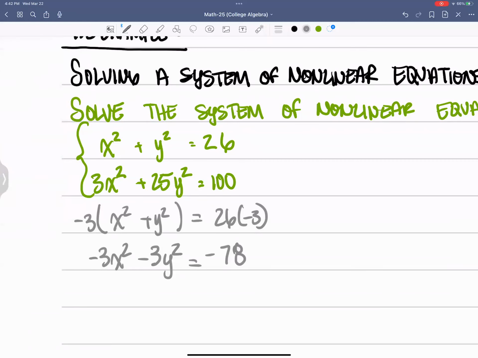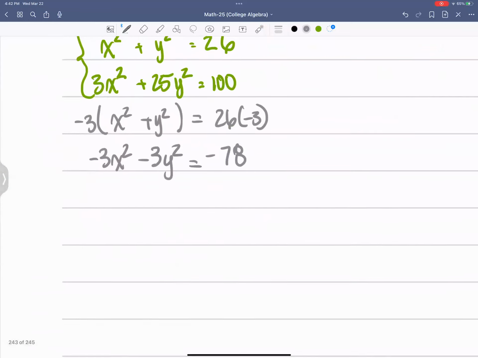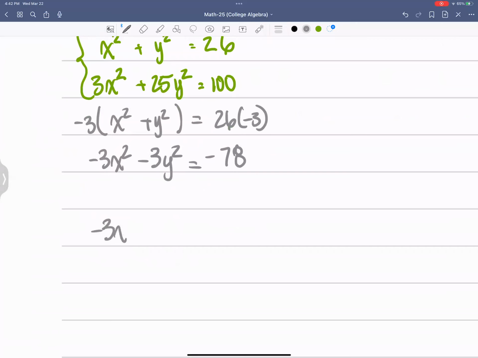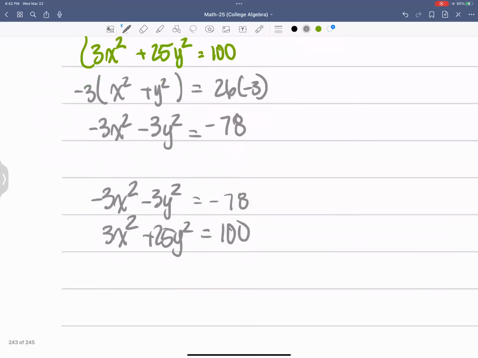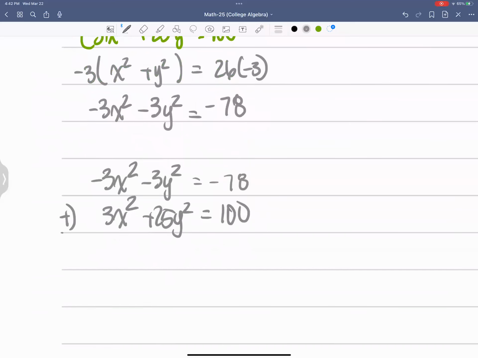All right, so that's equation 1. Let's add equation 2: 3x squared plus 25y squared is equal to 100.